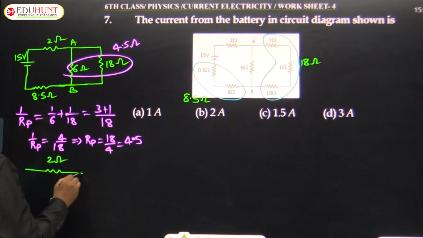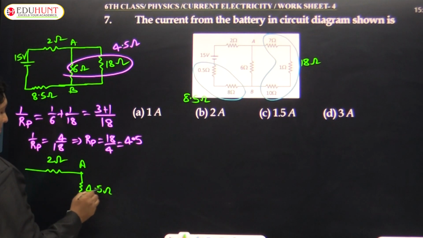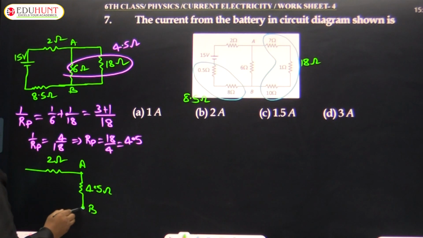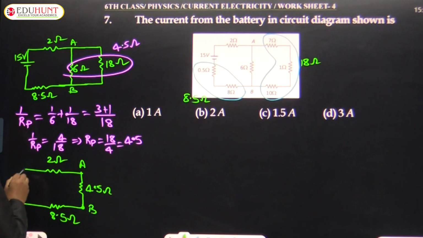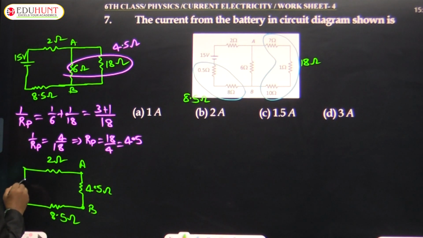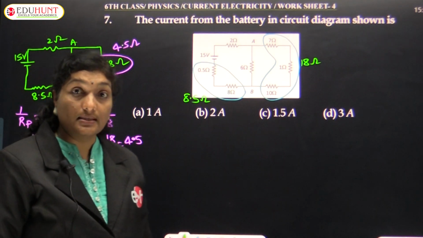This is your 2 ohms, and here is your A. The simplified part is 4.5 ohm, bottom connected to B. Further it is connected to 8.5, and some potential difference is applied across this, and it is 15 volts. That's it. So clearly in the picture, 2, 4.5 and 8.5, 3 different resistors are connected in series.